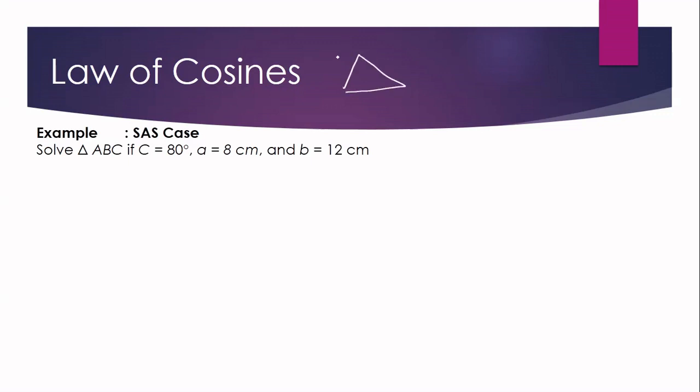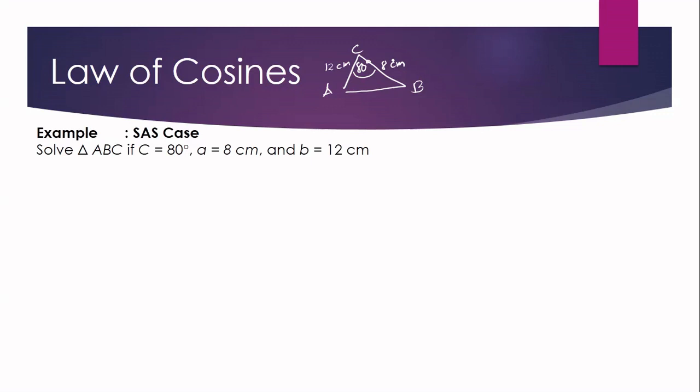Given is angle C, which is 80 degrees. Opposite angle A is side A, which is 8 centimeters, and opposite angle B is side B, which is 12 centimeters. If you look at our illustration, the given are two sides and the included angle. So that is the SAS case.